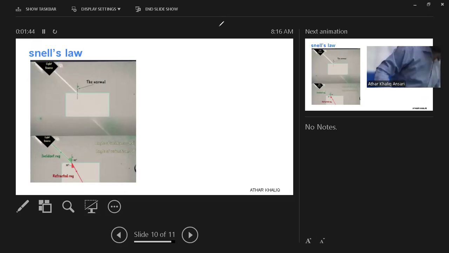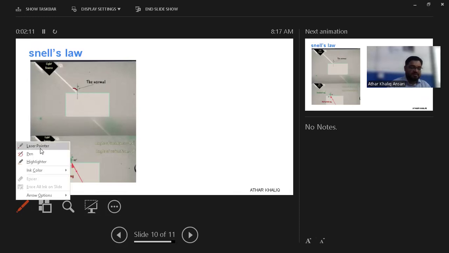Now if you check the angles here, this one is the angle of incidence, and the actual path of the ray was this.